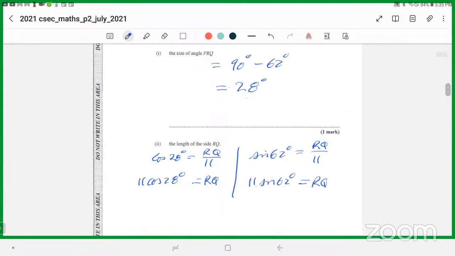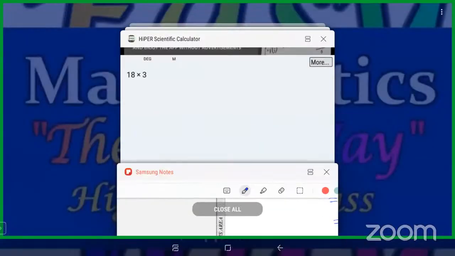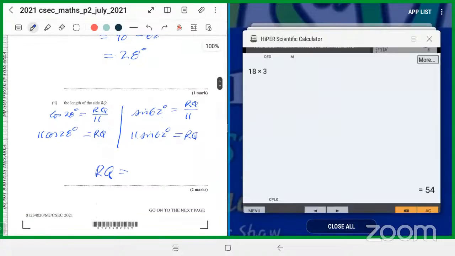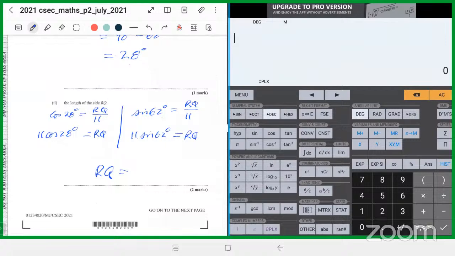I guarantee you that RQ is going to be the same, whichever one you use, because the sine of 62 is equal to the cos of 28 because they are complementary angles. The sine of an angle is equal to the cosine of its complementary angle. What are complementary angles? Angles that add up to 90 degrees.